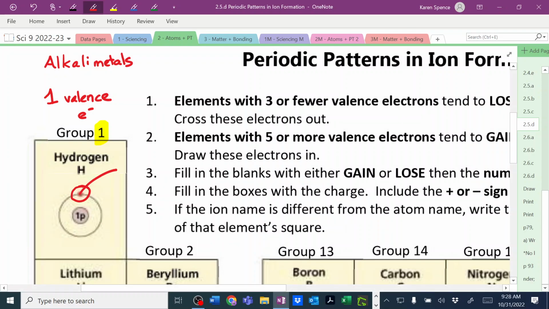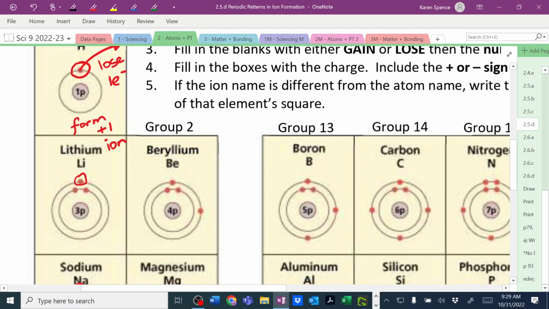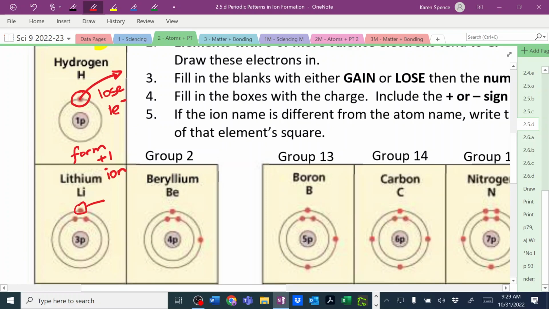They're all going to lose 1 electron. Yeah, it can lose an electron and then it is just a proton. And in fact, in grade 12, we call a hydrogen an H plus ion, we call it a proton, because that's all that's left. So all of these groups lose 1 electron and they form a +1 ion.